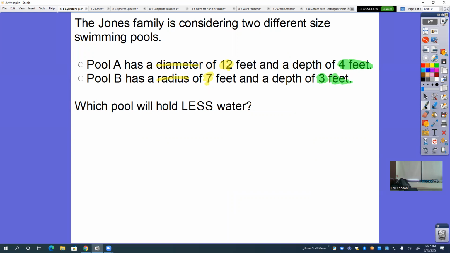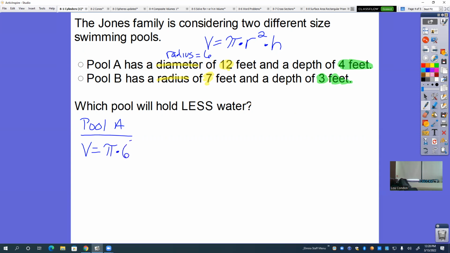Again, our formula, V equals pi times the radius squared times the height. This time we're going to find the actual amount of water that each pool will hold. For pool A, it says the diameter is 12, so the radius is halfway across of 12, which would be 6. So V equals pi times 6 squared times 4.